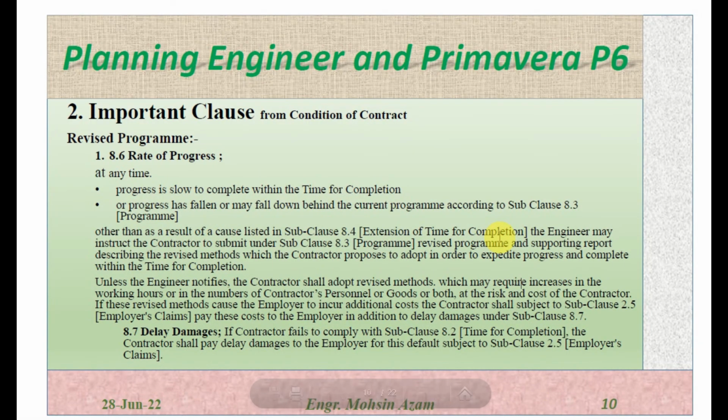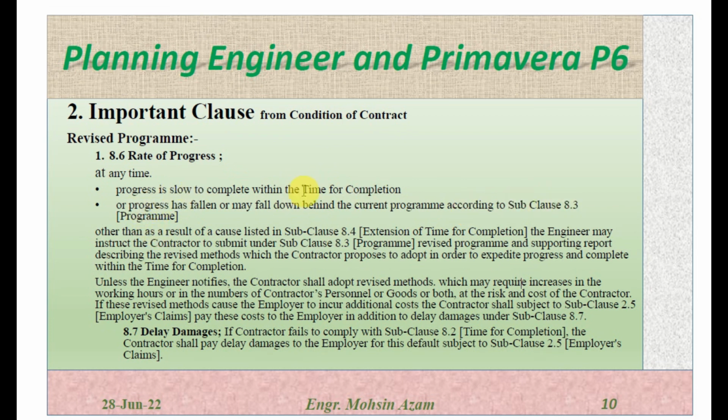Okay, so next is revised program. As per condition of contract 8.6, subclause rate of progress: at any time if the progress is too slow to complete within the time for completion, or the progress has fallen or may fall behind the current program according to 8.3.